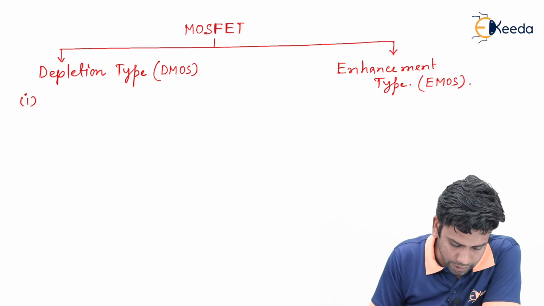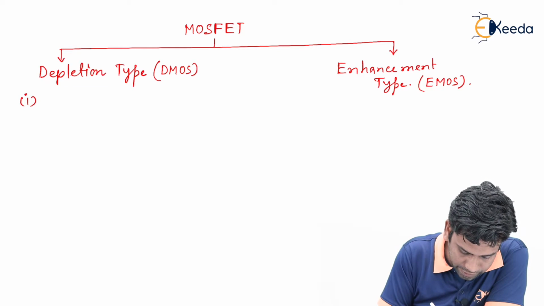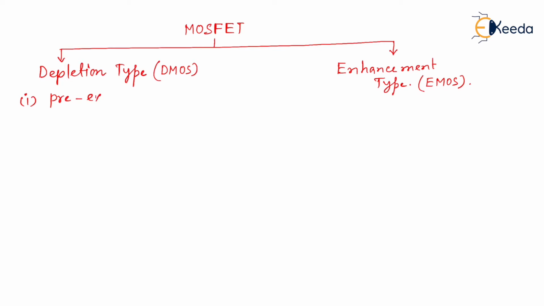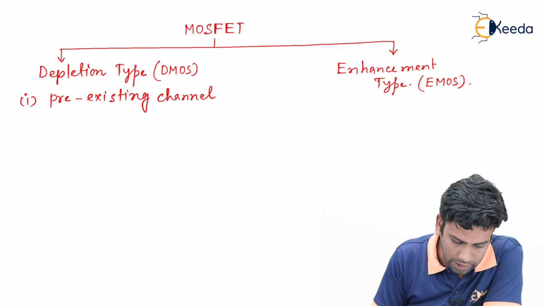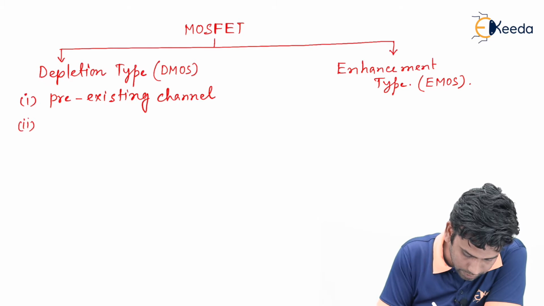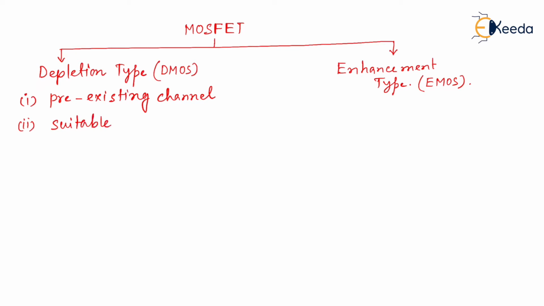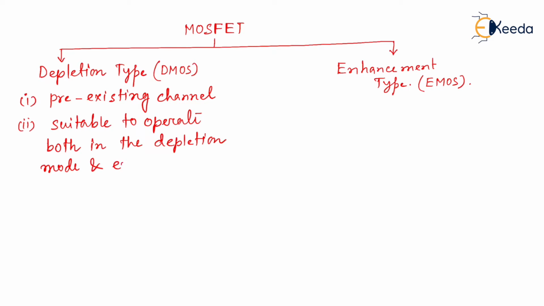The first property of a depletion type MOSFET is that there is a pre-existing channel, which always exists in a depletion type MOSFET, and the second property is that it is suitable to operate both in the depletion mode and enhancement mode.